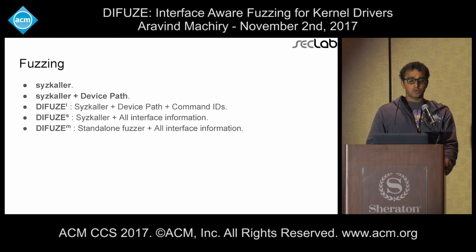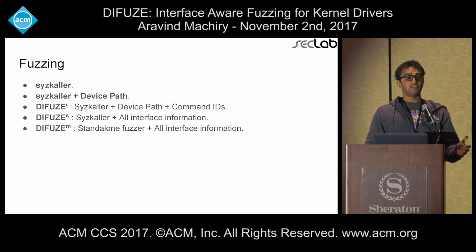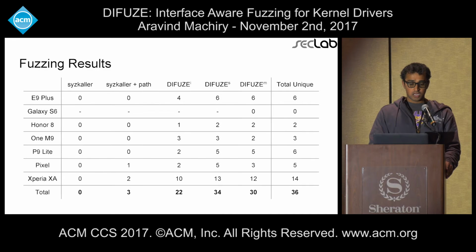In the third variation, we add command IDs. And in the fourth variation, we add the entire interface information. And at the end, where we just want to understand how effective the interface information is, we use a standalone fuzzer, which is a very dumb fuzzer with just interface information, to see whether we actually need smart fuzzing or interface information may be enough to fuzz the drivers.